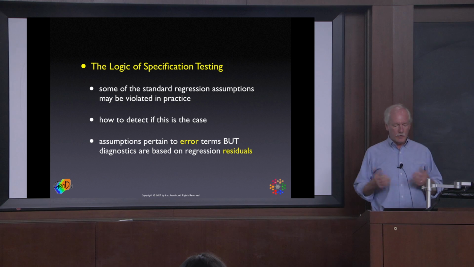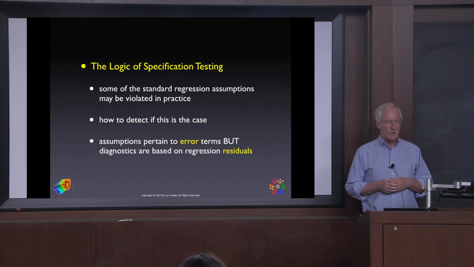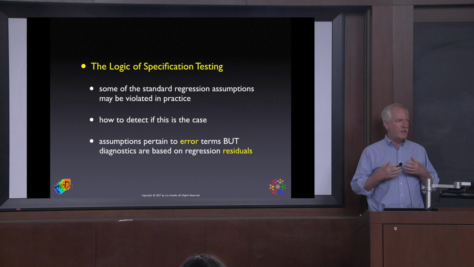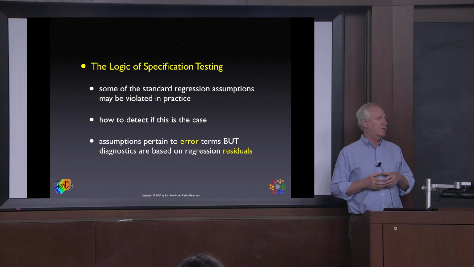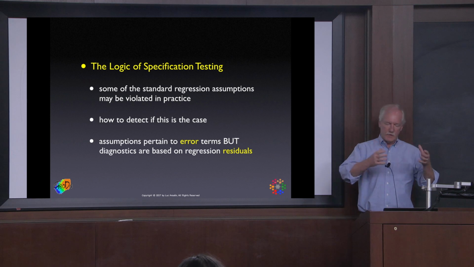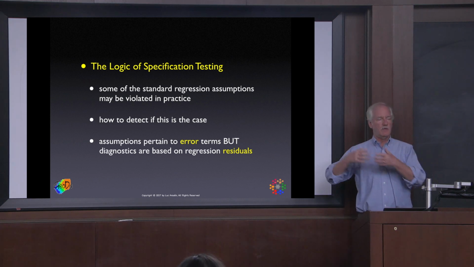So the question is, in practice, how do you know whether you're in trouble? And the key issue here, which is sometimes not obvious, is that all the assumptions of the model pertain to this mathematical model that we talk about, which has to do with a linear specification with an error term.